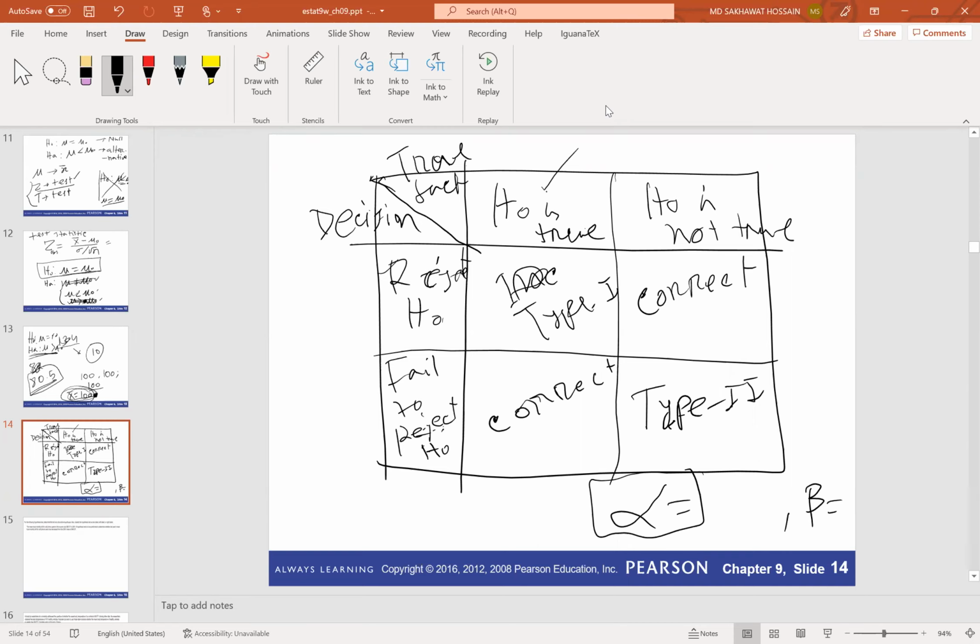In some cases, type 1 error is more serious, so we'll consider a very small alpha. And in some cases, type 2 error is more serious, so we'll consider a small beta and maybe a large alpha. Do you have any question?